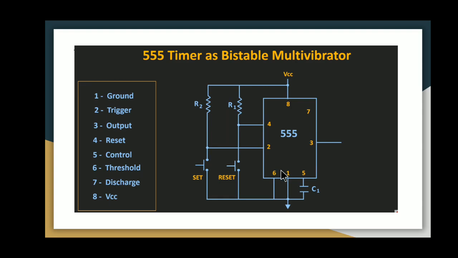As we can see, the threshold pin is connected to the ground terminal here, and pin number 2 and pin number 4 are connected to the power supply VCC via two resistors R1 and R2. When set and reset pins are not pressed, the threshold pin is connected to the ground terminal and the trigger pin is connected to the voltage supply VCC.